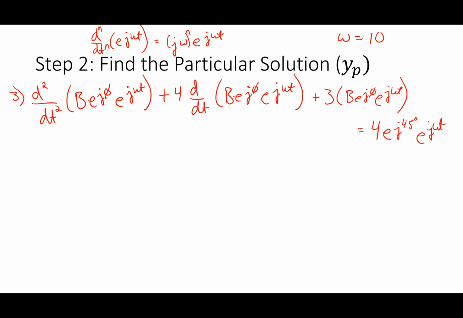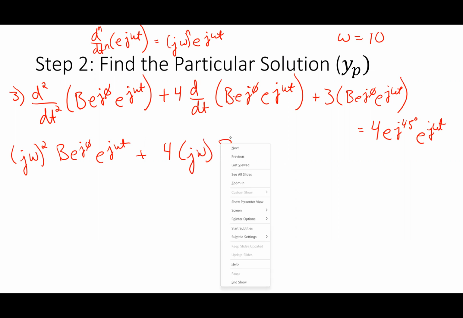So if I take this whole thing and simplify, on the first term I'm taking a second derivative, so I'm going to get a j omega to the second power: j omega squared times b e to the j phi e to the j omega t, plus 4, in this case j omega comes down once, times b e to the j phi e to the j omega t.